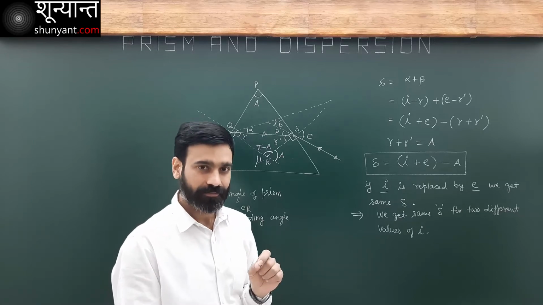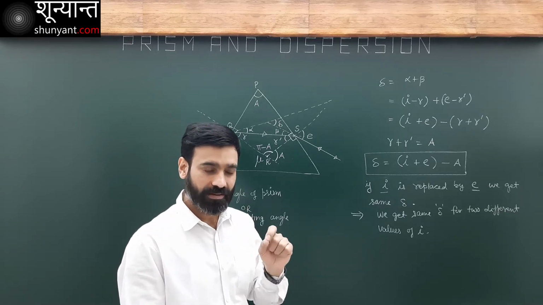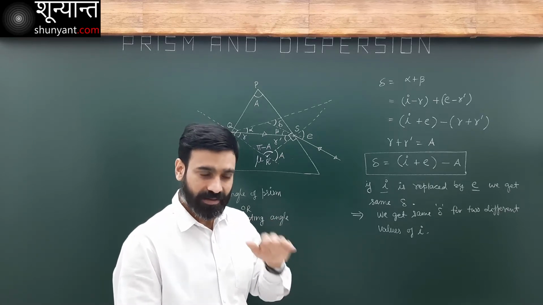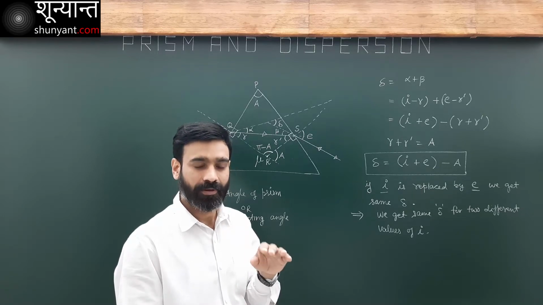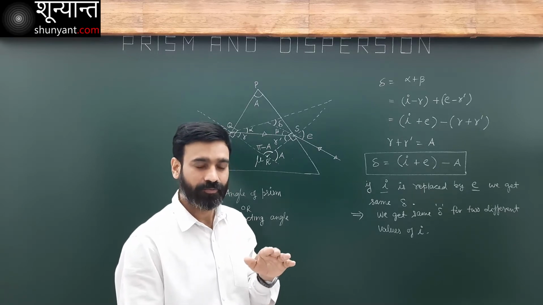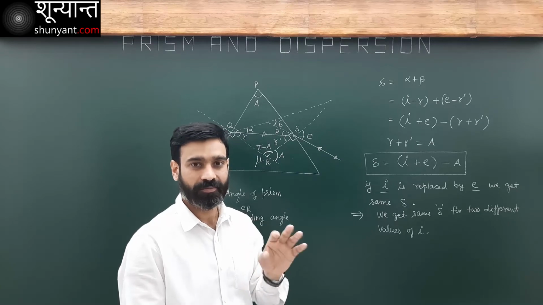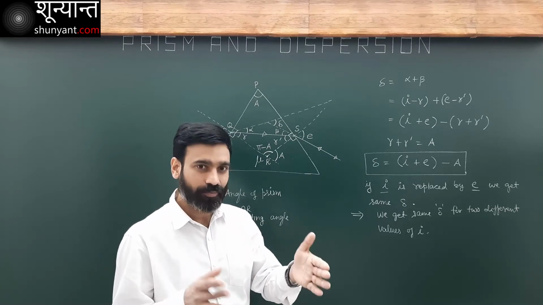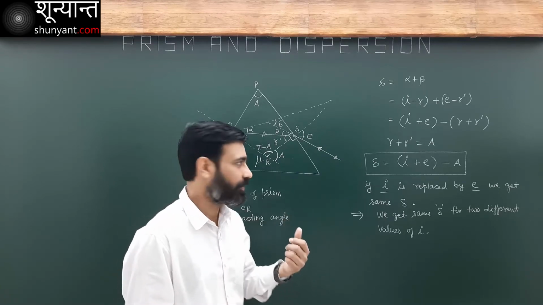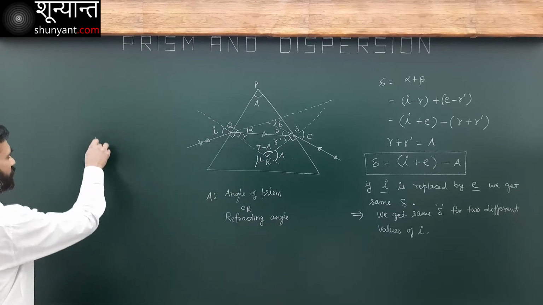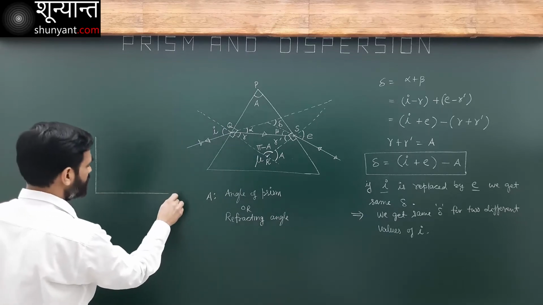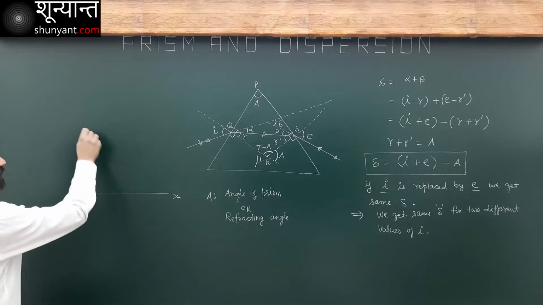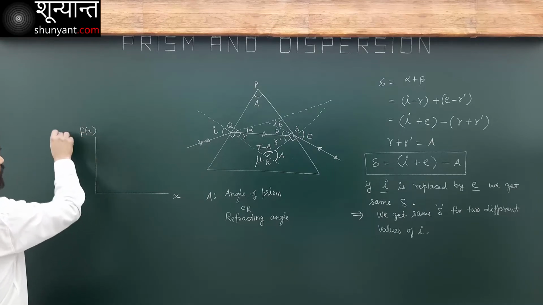A function achieves the same value for two different values of the input. For two different inputs, the output is the same. So I have a function of this type. This is some variable x, and this is my function y equal to f(x).